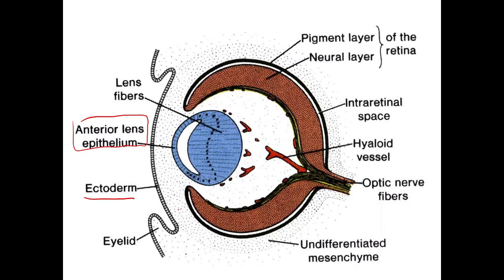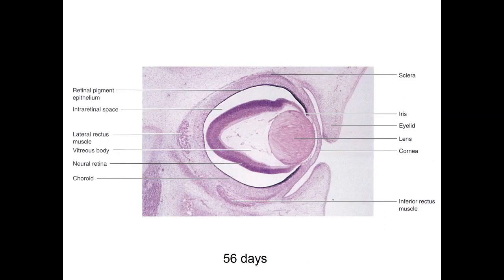And mesenchyme will give rise to the stroma of the cornea and the sclera. What other structures are here? And the choroid, and also the stroma of the iris and the stroma of the ciliary body. I almost forgot about the ciliary body and iris.